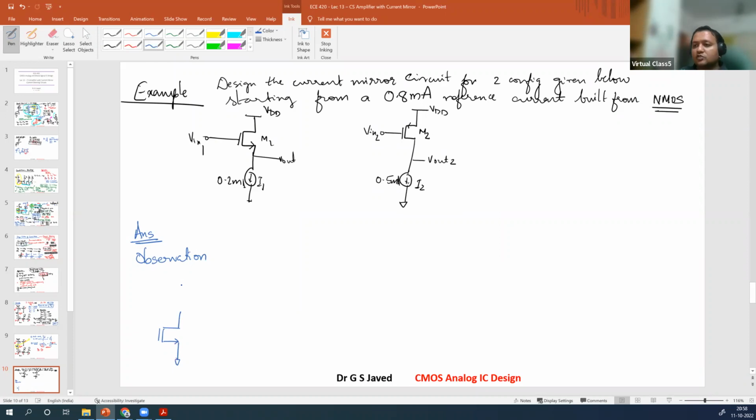What does that mean? 0.8 milliampere. You have this current source that is given to you. Let it be, it is coming from the PMOS device. So this is a current source. So from here, you need to generate all of the above. How do you do that?